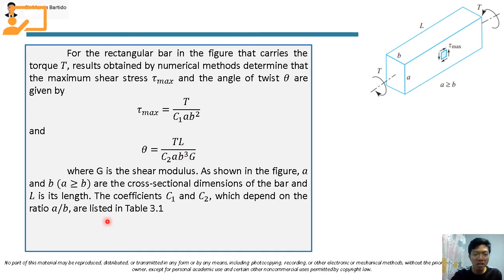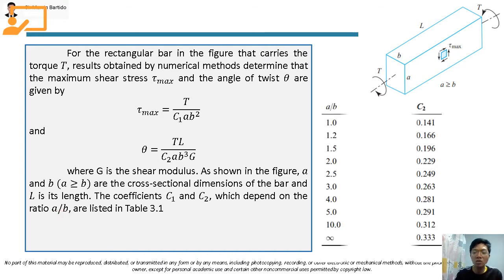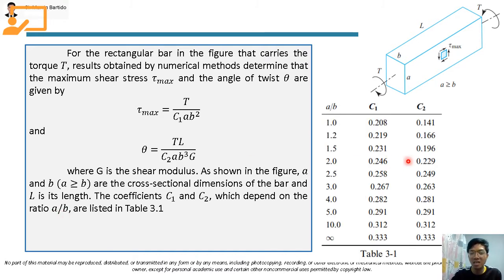L is the length of the shaft that we are considering. And class, C1 and C2 here are coefficients. These coefficients depend on the ratio A over B, which are listed in this table, the table for the values of coefficients C1 and C2.